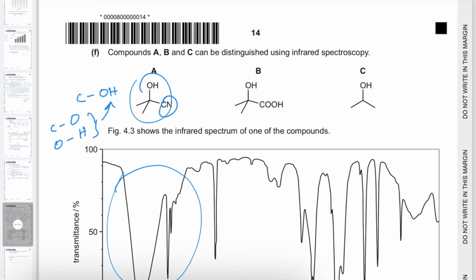It has a specific functional group, a nitrile, so the triple bond between carbon and nitrogen atoms will result in an absorption in the 2200 to 2250 range.